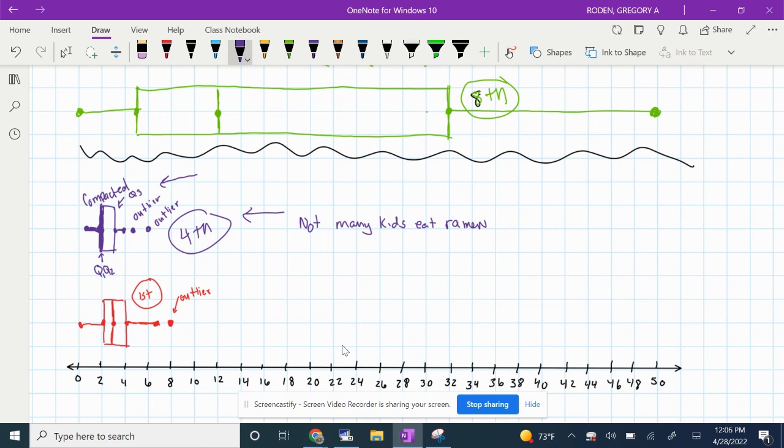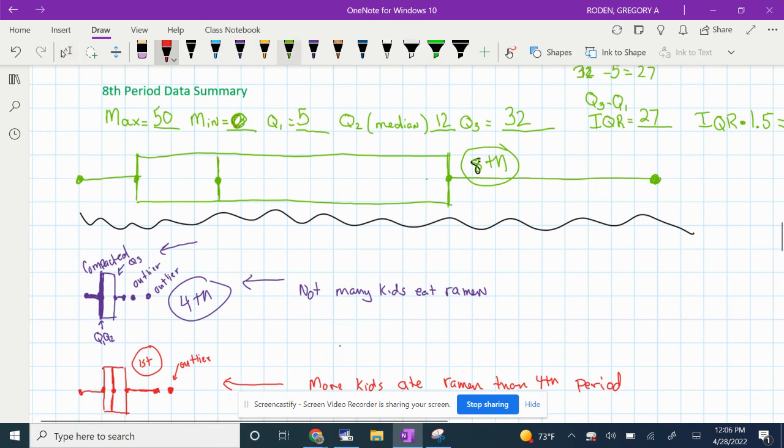Okay, this one right here in red, my conclusion here would be more kids ate ramen than 4th period. It did have a couple kids that ate, and we had an outlier in there, so we had more of a change. And then in 8th period, my summary would be it was very spread out.